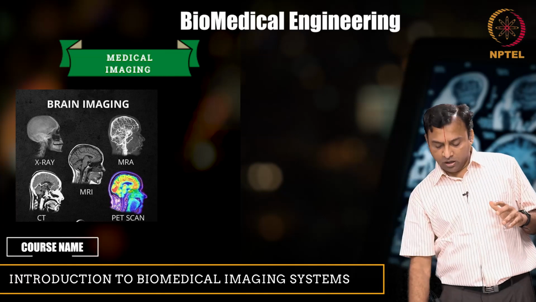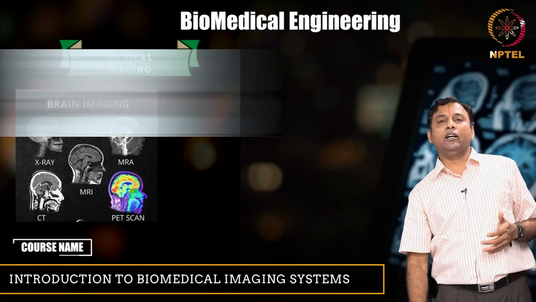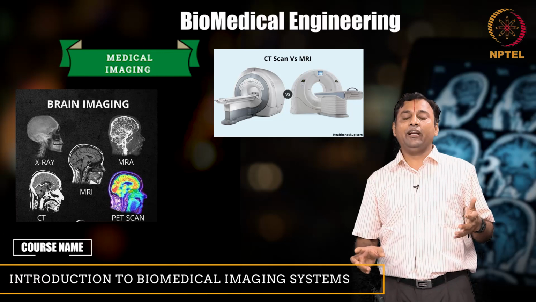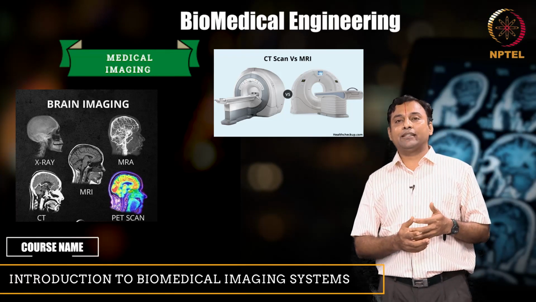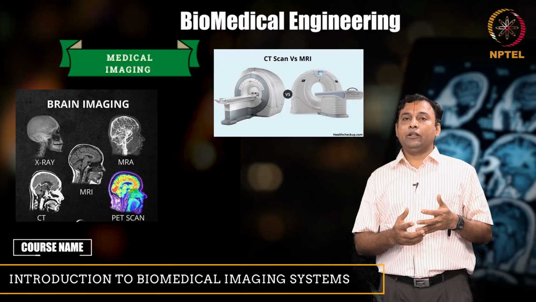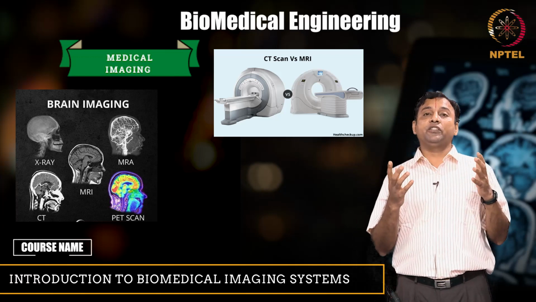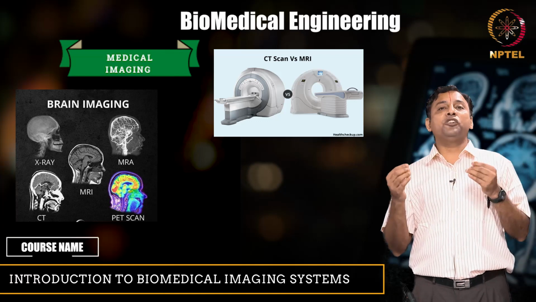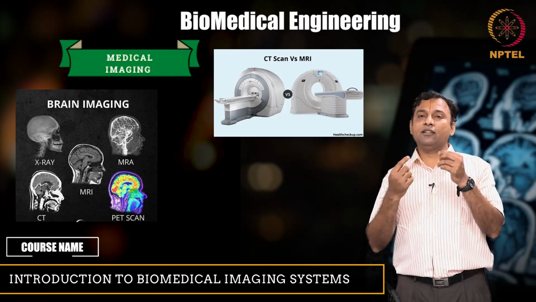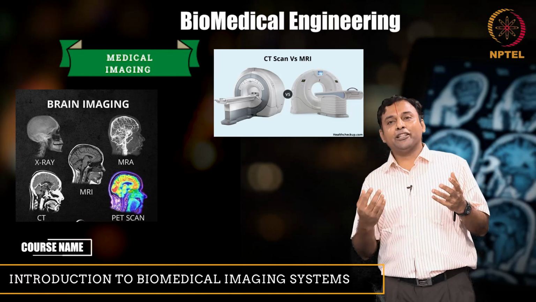What we are interested in, also you would have heard, I went for a CT or an MRI, right? You have complex systems. These are a typical CT or MRI scanner that you would have seen perhaps. And so there's a lot of instrumentation. This instrumentation is not typically covered in your regular biomedical instrumentation course, where you have signals, sensors, instrumentation amplifiers perhaps.